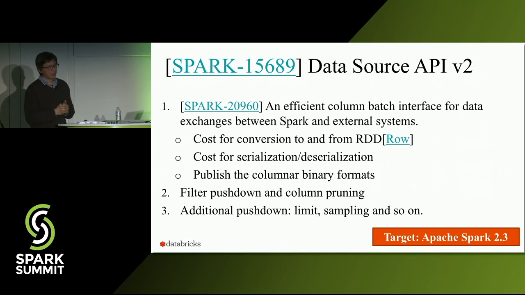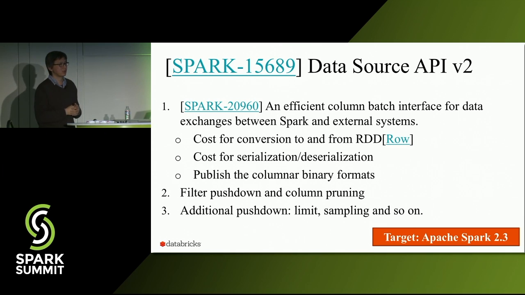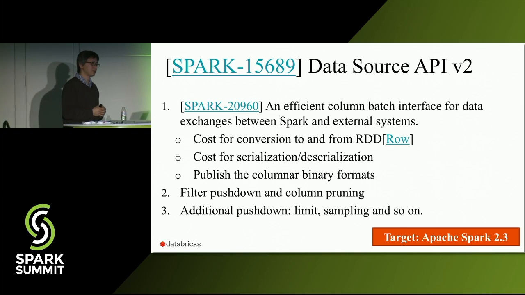Maybe 2 years ago, we published the first generation data source API. But we got some feedback, and then we planned to define the next version of our data source API.